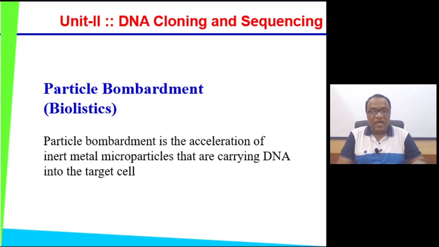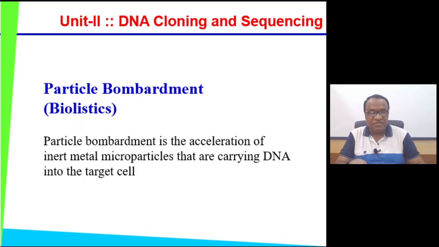To begin with, we have the biolistic approach, that is, particle bombardment. We will just refresh our memory of what you have studied at your graduation level. In particle bombardment, for the exogenous DNA to enter the nucleus of a host cell, it must overcome the cell wall and plasma membrane.